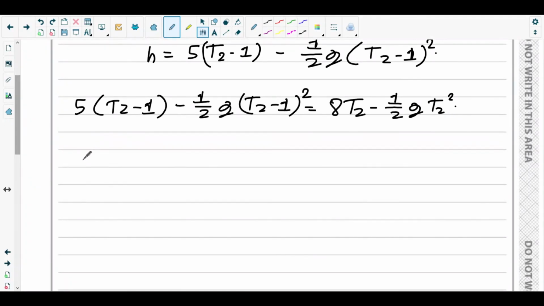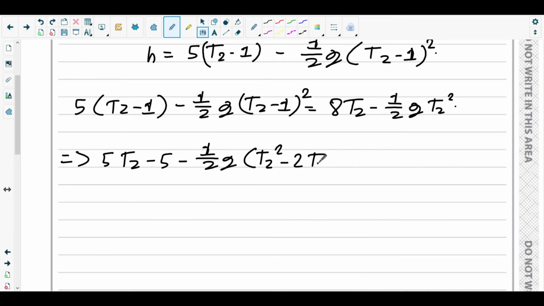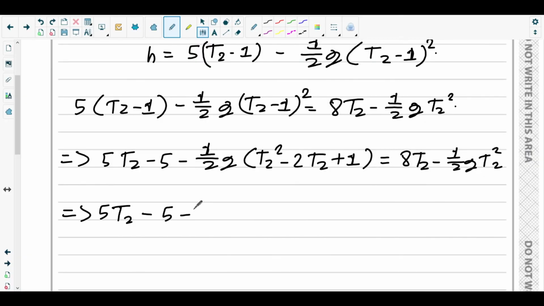Okay, now just solve this equation. 5T2 minus 5 minus half of g times T2 squared minus 2T2 plus 1 equals 8 times T2 minus half of gT2 squared. Look, on the left hand side we have minus half of gT2 squared, and on the right side we also have minus half of g times T2 squared.